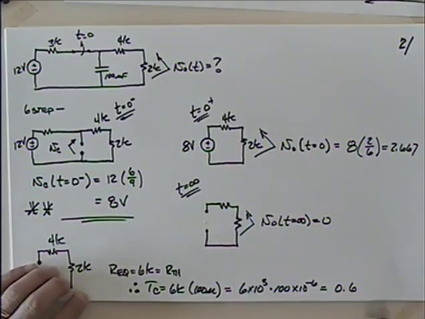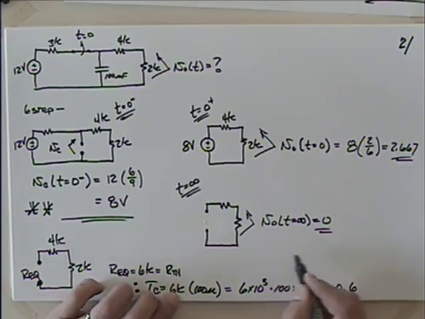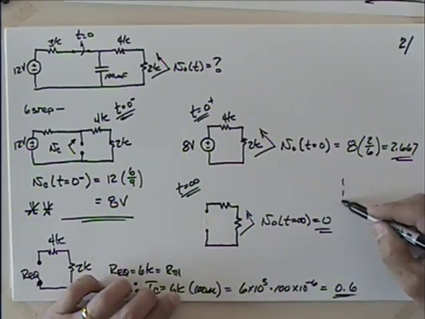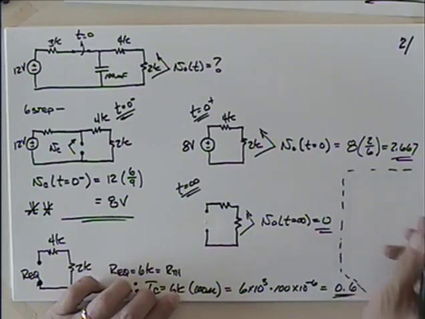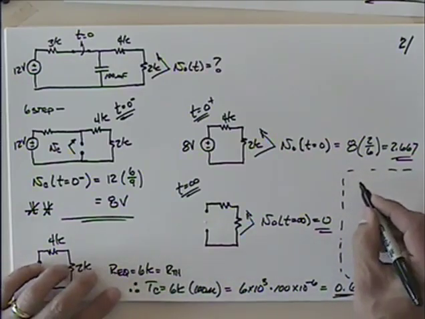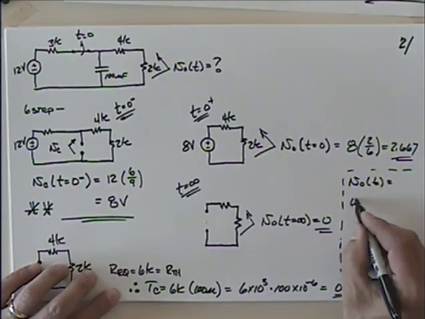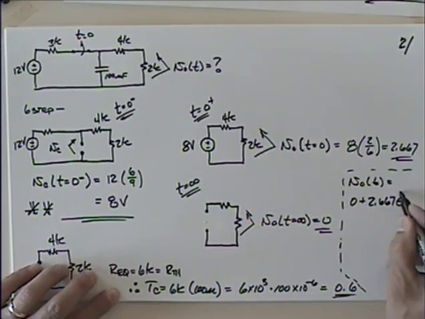So you can pull this whole thing together, this piece of information, this piece of information, that piece of information. I'll see if I can get this on one page here. You'll say that our voltage V0(t) is equal to 0 plus 2.667 e to the minus t over the time constant, which is 0.6.